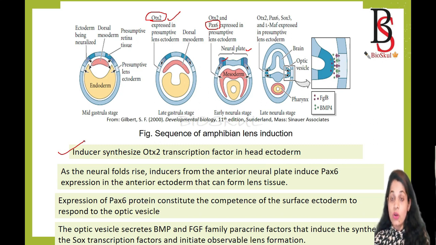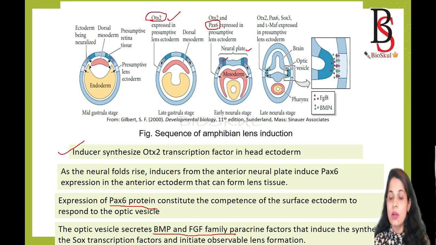Okay. So, why is the head ectoderm competent and able to respond to the inductive signal from the optic vesicle? Because it expresses the protein known as the PAX6 protein. Okay. Then the optic vesicle secretes the BMP and FGF family paracrine factors.